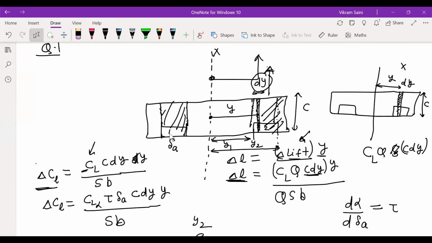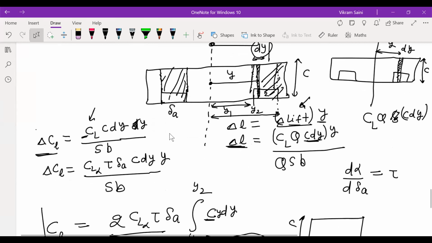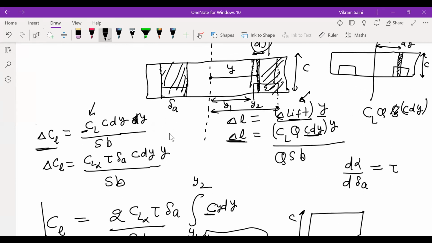First, the lift coefficient CL at that section changes whenever the aileron is deployed. But by how much? How do you quantify that? CL is the lift coefficient here, not the rolling moment. CL is usually written as CL alpha times alpha, right?